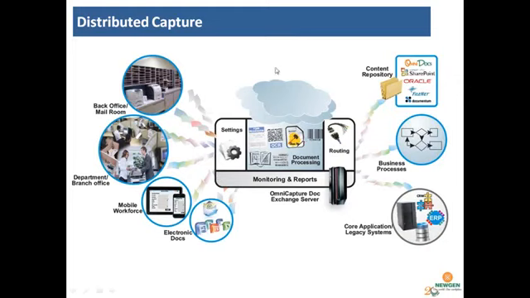Processing means auto categorization of documents based on certain industry standard separators such as barcode separator, fixed page separator, and blank page separator, which segregate the files automatically. The data can also be extracted from those documents. Finally, once these are processed, they can be sent to a centralized repository, to a business process management application, or to the core system.